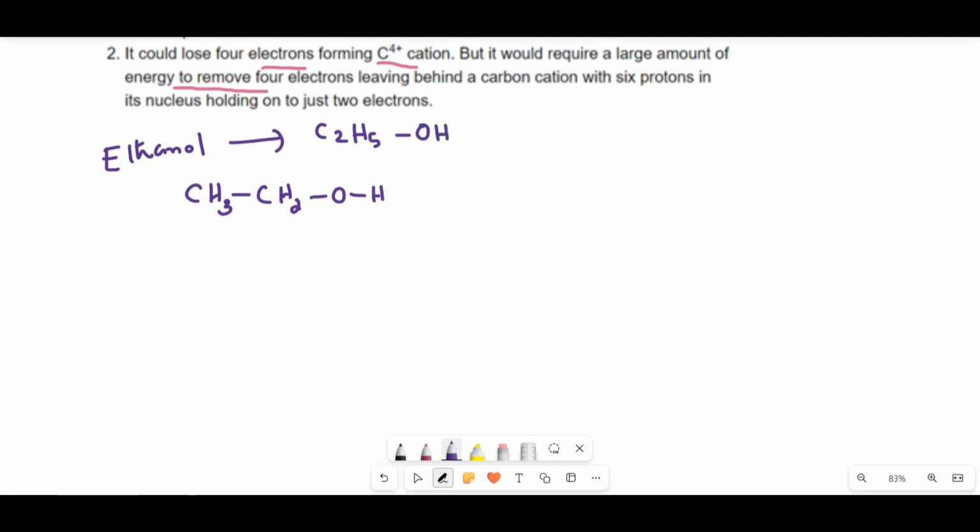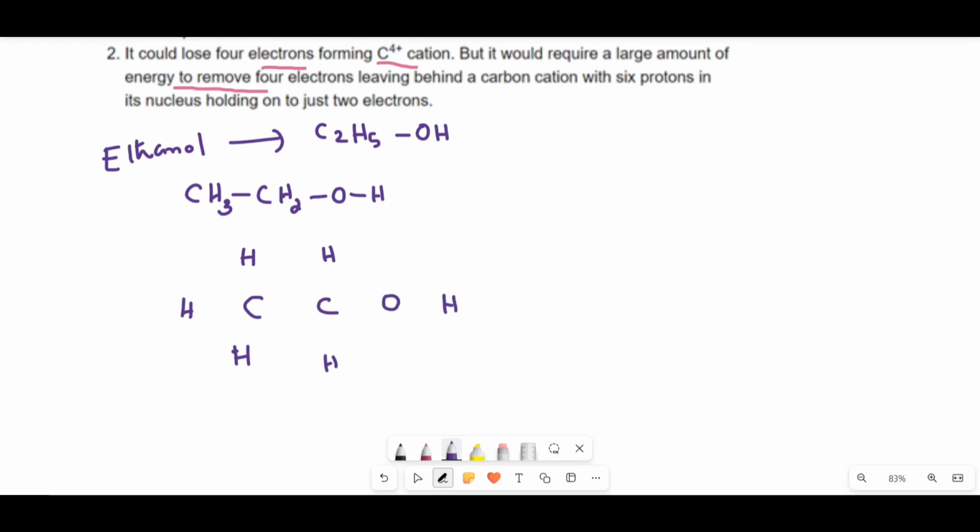Now, for writing the electron dot structure, you should write separately all the bonds. C, okay, there are 3 hydrogens here, CH3. Now the second carbon will have 2 hydrogens, then there is oxygen and there is 1 hydrogen.